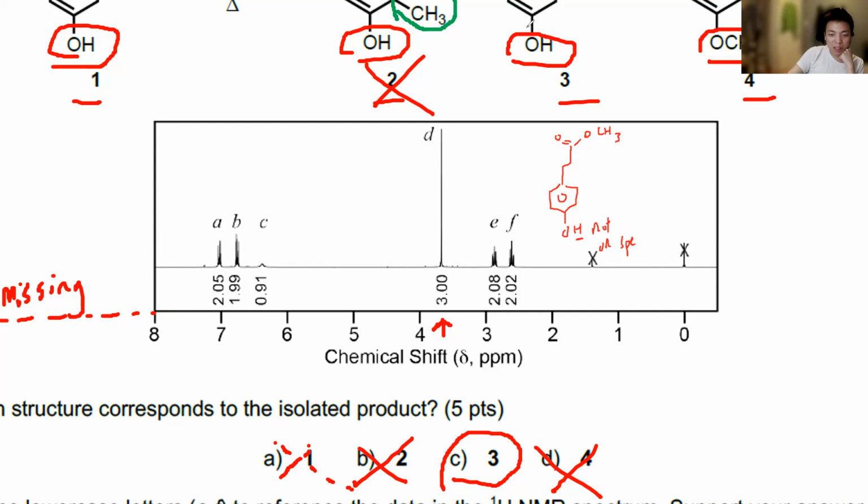So if I were you, I would say that this one is C. And we have some sort of symmetry going on here. Now the only question is which one is A and which one is B? A is more deshielded than B, and the closest atom with a deshielding effect is the hydroxyl group. So I would say that this is A, and this is B.